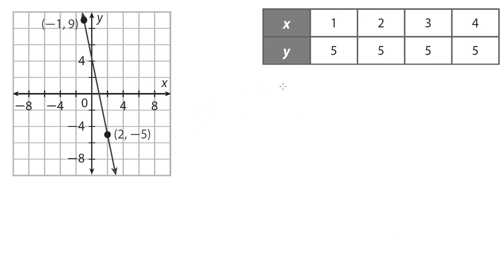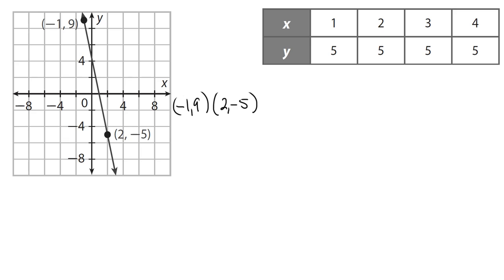Alright, so let's take a look at 2 more examples. I would encourage you to pause and try it on your own and then come back and see if you got it right. So this first line here, I see I have 1 point at -1, 9, and I have another point at 2, -5.